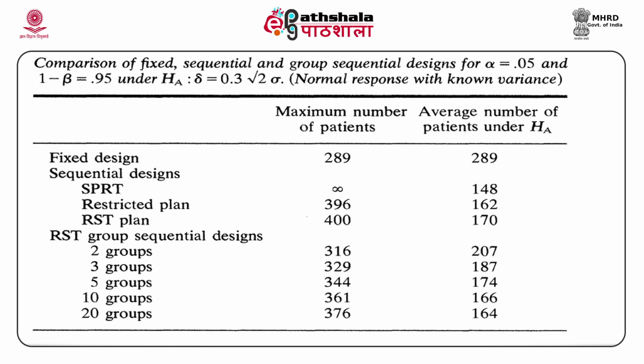Note that all the sequential and group sequential designs will increase the maximum size of the trial but reduce the expected size if the specified alternative hypothesis is true. It is well known that the SPRT open sequential plan has minimum ASN under HA, but since it has no finite maximum number of patients, it is generally considered inappropriate for clinical studies.